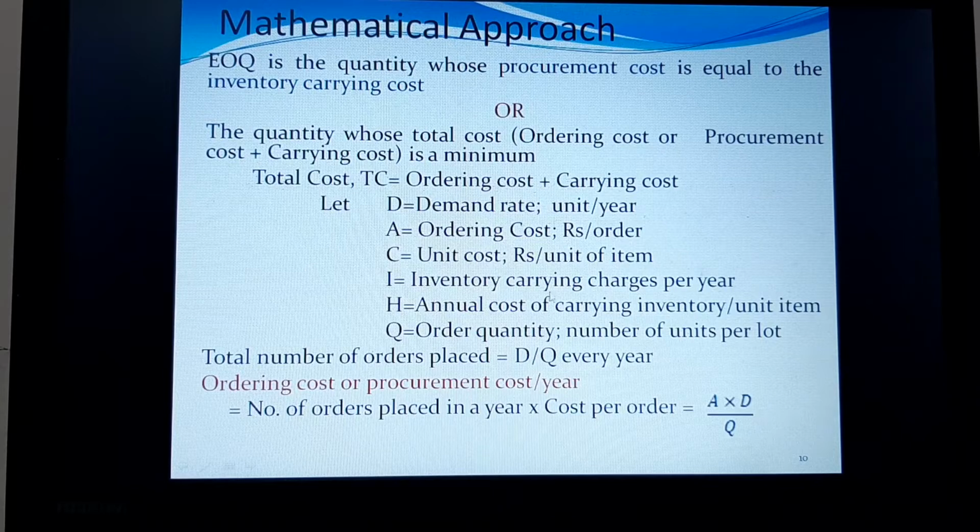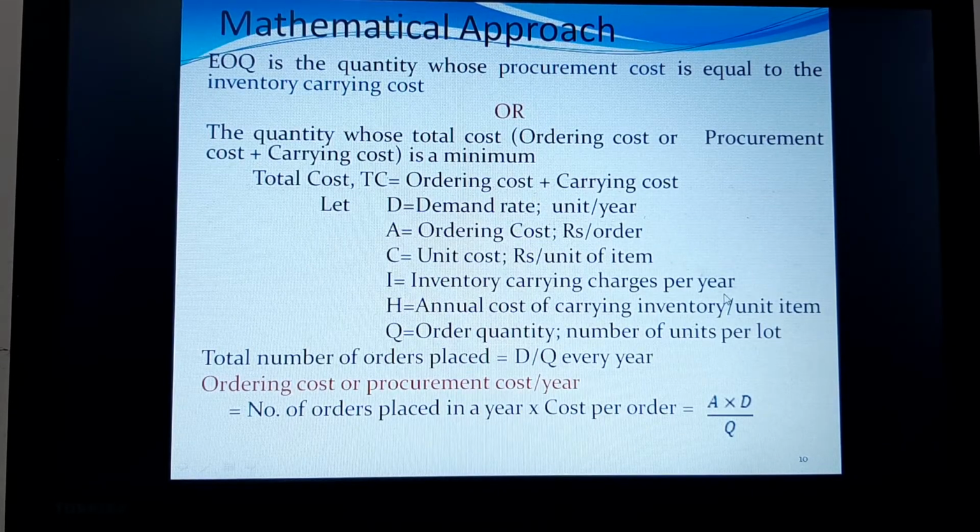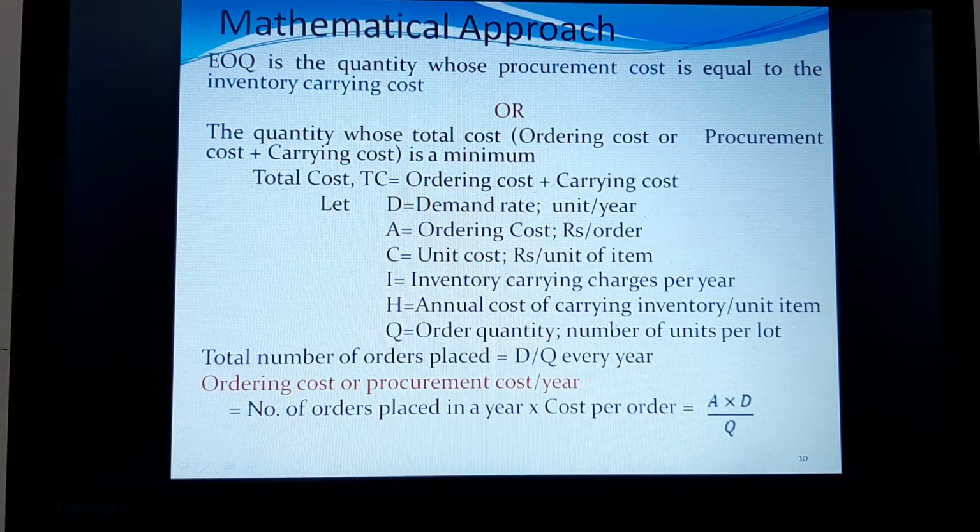Inventory carrying charges are calculated annually. H is the annual cost of carrying inventory per unit item, nothing but your inventory carrying cost that we have discussed already. And Q is the order quantity, which is what we are going to find out. It is the number of units per lot.